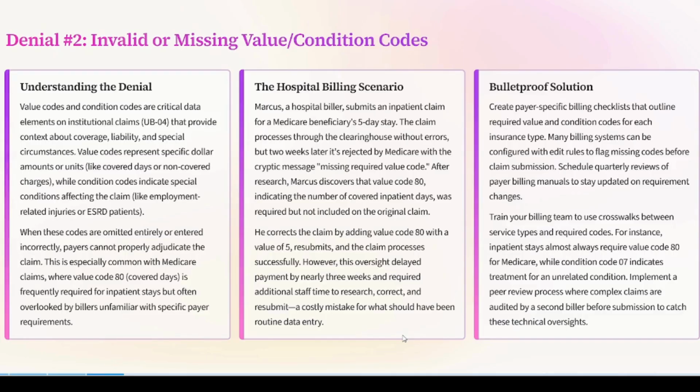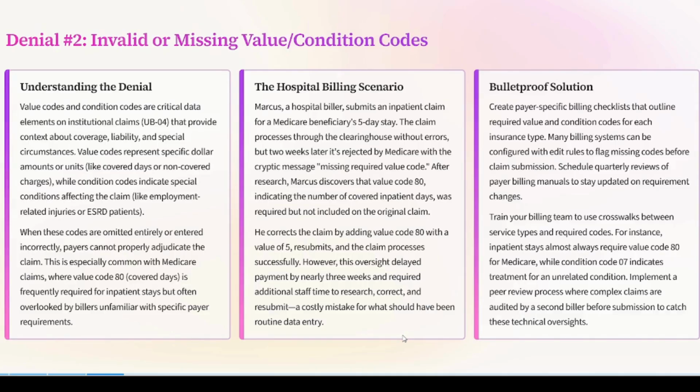Now, the hospital billing scenario. Marcus, a hospital biller, submits an inpatient claim for a Medicare beneficiary's 5-day stay. The claim processes through the clearinghouse without errors, but 2 weeks later it's rejected by Medicare with a cryptic message advising missing required value code. After research, Marcus discovers that the value code 80, indicating the number of covered inpatient days, was required but not included on the original claim.